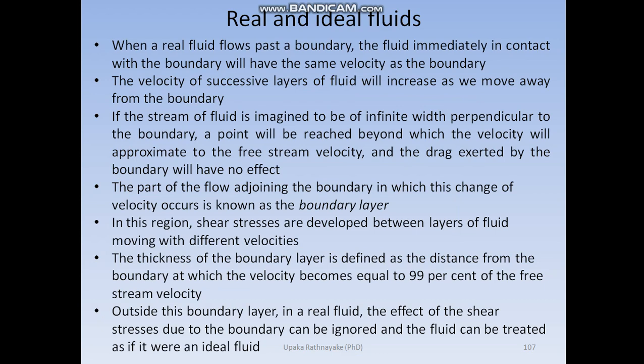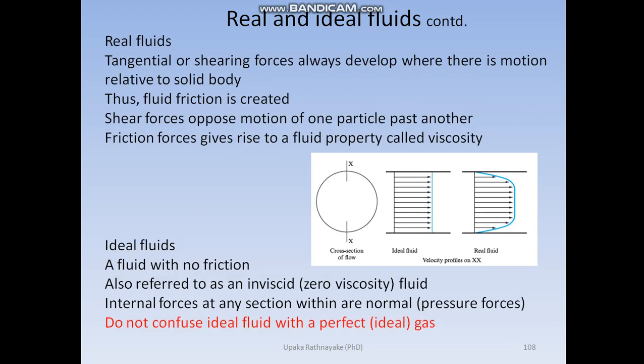Real fluid flows have shear stresses. Therefore, they have a velocity variation across the cross section. However, ideal fluid flows do not have any shear stresses. Thus, there is no velocity variation across the cross section. Now, please refer to the image and understand the velocity distribution.